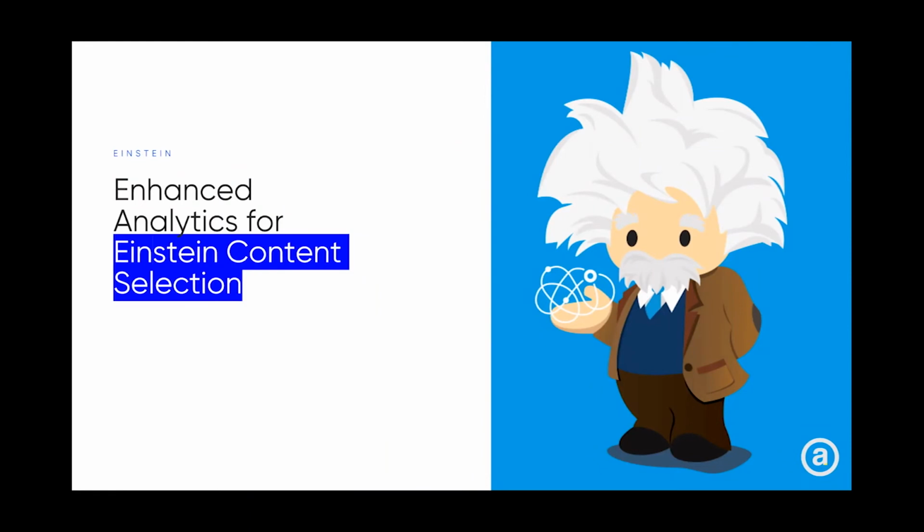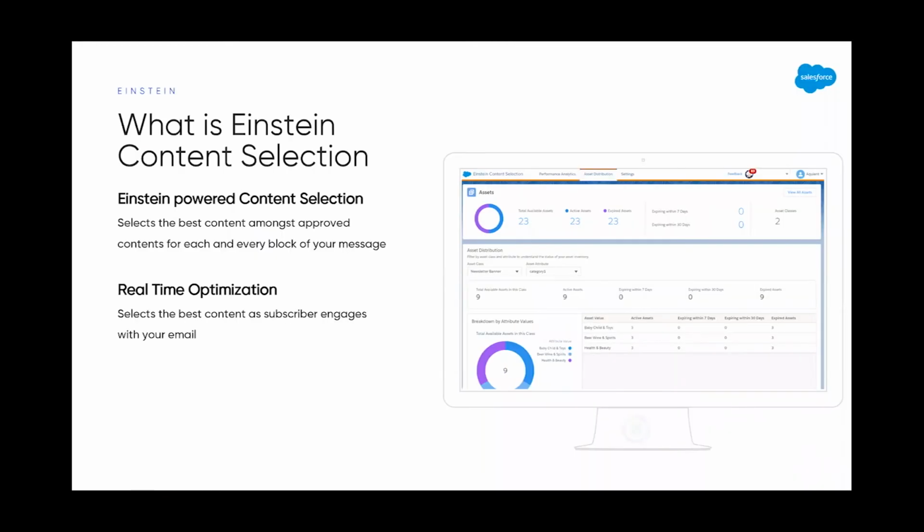Another module of Salesforce Marketing Cloud Einstein that was enhanced is Einstein Content Selection. This release has blessed this feature with enhanced analytics that will give us insights about asset selection. Let's take a deeper look. First, let's have a review of what Einstein Content Selection does.